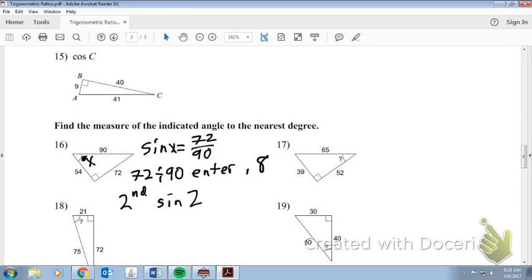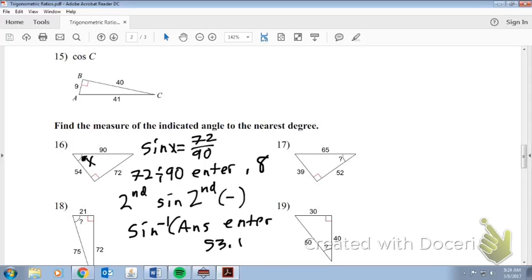So we're going to hit second sine, second dash. On a graphing calculator, the ones we're using in class, that dash is underneath the 3. If you have a different calculator, it may be somewhere different. We're asking for the inverse sine of 0.8, and when we hit enter, it's going to give us 53.1.